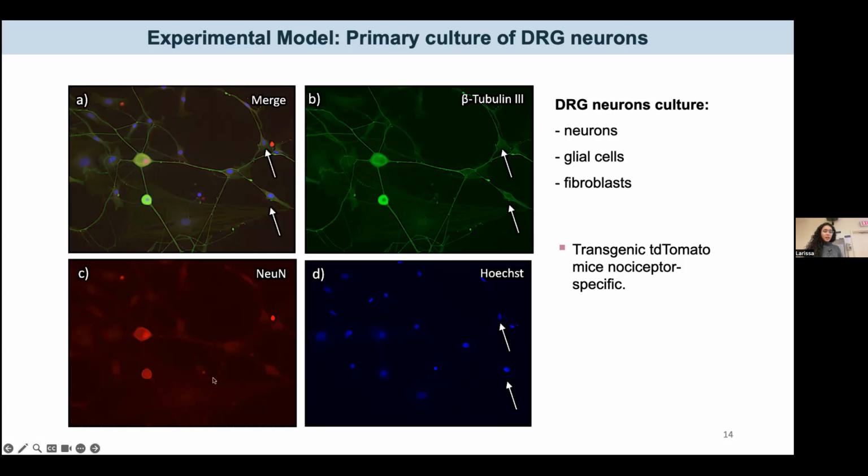As we can see in this figure, NeuN proves to be useful for distinguishing neurons from the non-neuronal cell types present in the DRG culture. So here we have two neurons, and their nuclei are marked by NeuN, and then we have many other cells around, which are the glial cells and the other non-neuronal cells in the mixture of DRG neurons.